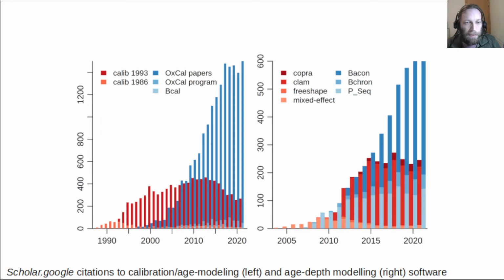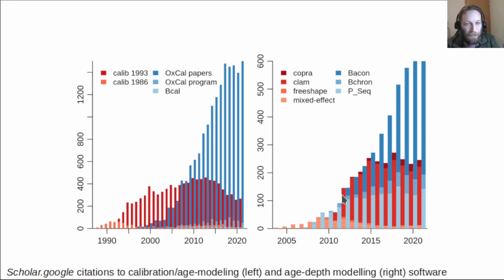As for age-depth models, so models for cores where you want to produce depth-to-age models. Again, in red, we've got some classical models that became quite popular since around 2010, including Clam, but that has since plateaued off since around 2015, and instead Bayesian age models have really taken over: Bacon, Bchron, and the P_Sequence in Oxcal.